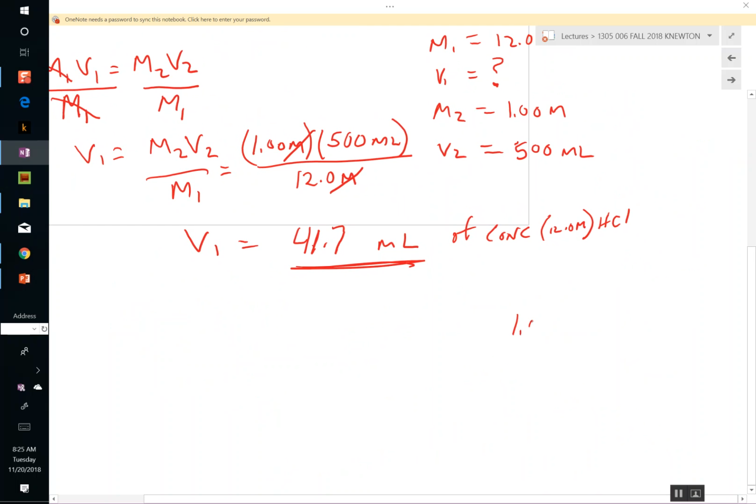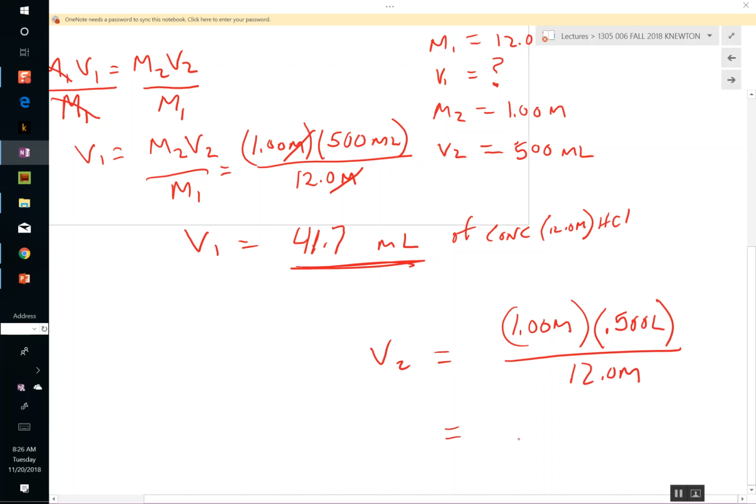We would have 1 molar. 500 milliliters is how many liters? 0.5. So if you did that, you would end up with an answer of 0.0417 liters. Is that right? Yeah. All right.